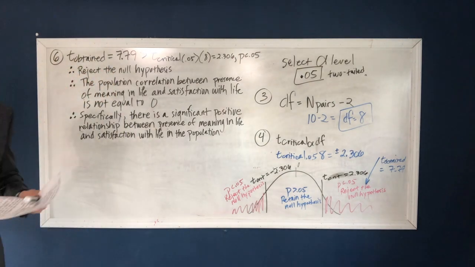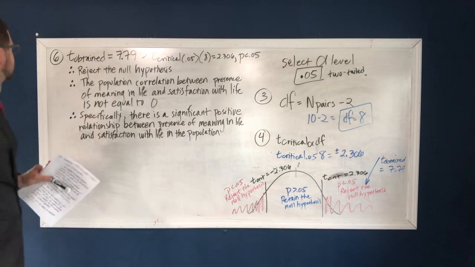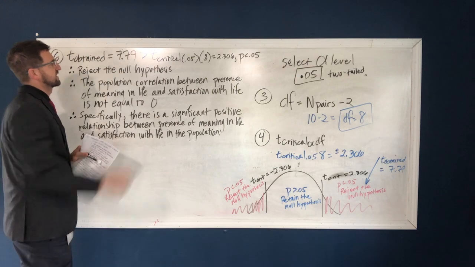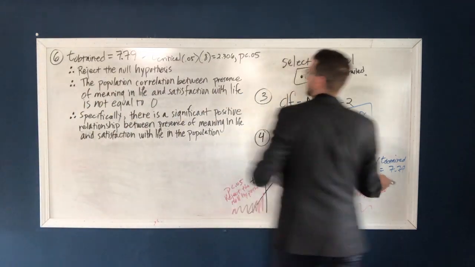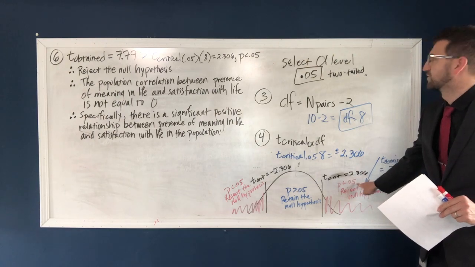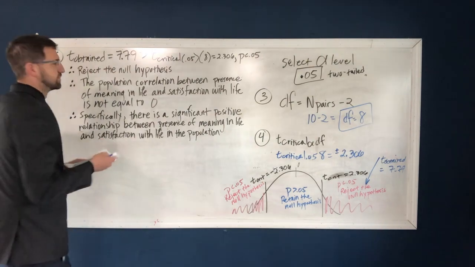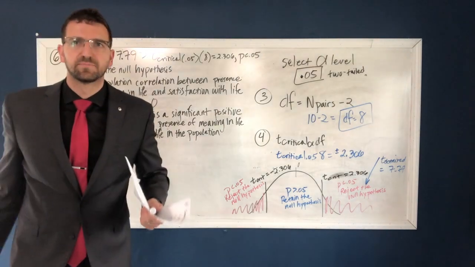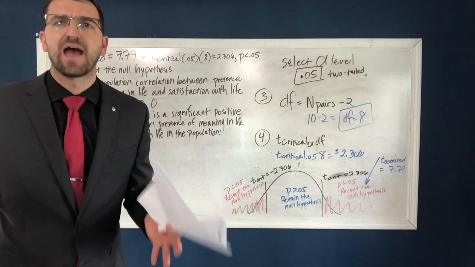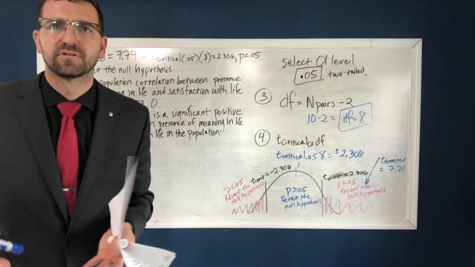Okay, so here's the basic interpretation, but there's a little more after this. So t obtained is equal to 7.79, which is greater than the t critical 2.306. Because it is possible that we'll have a negative number, I encourage students to use absolute value so you don't get confused by the number line.